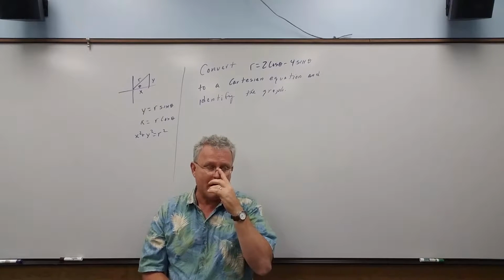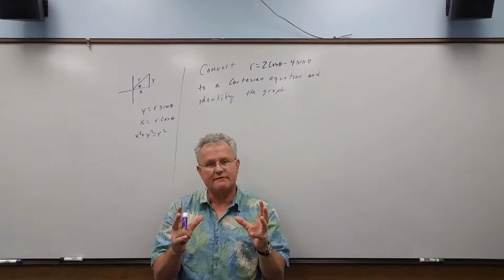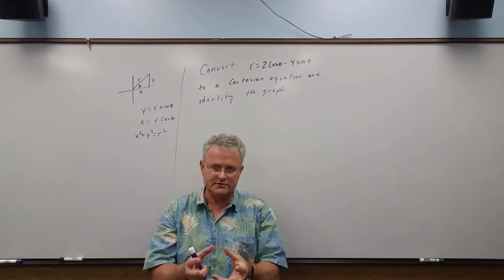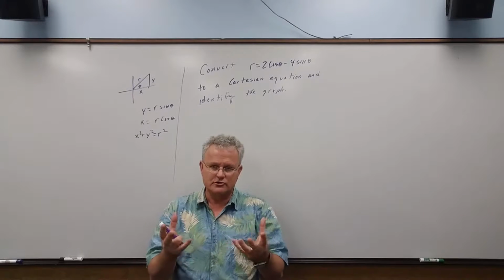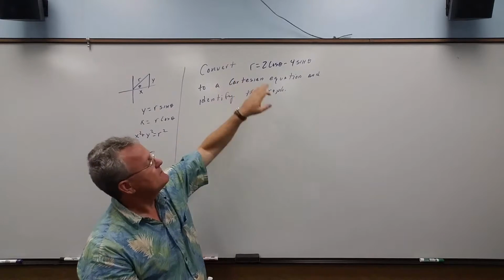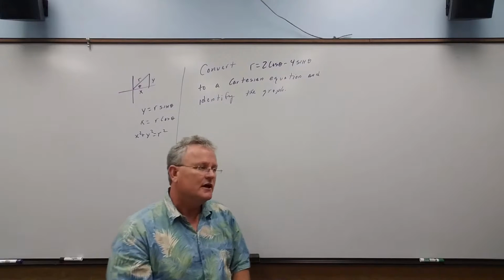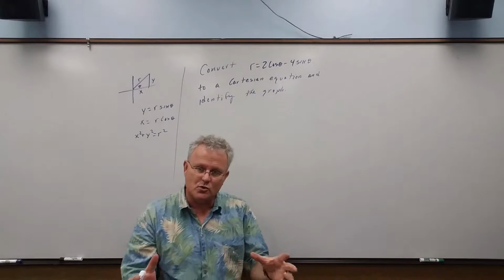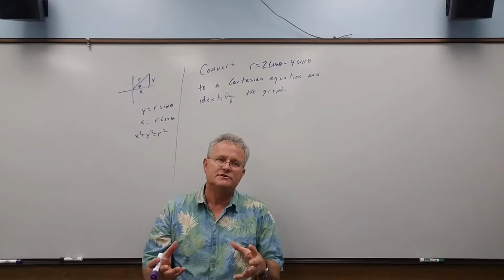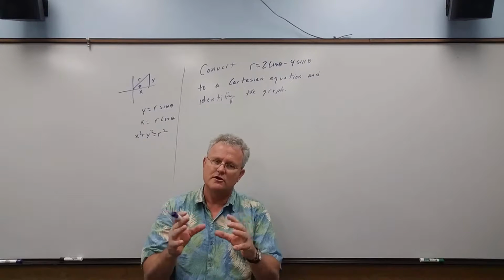The reason is that certain graphs, cardioids and others, are easier to work with in polar coordinates. It's just an easier equation. And so the purpose of different coordinate systems is that they're easier to work in for certain figures.